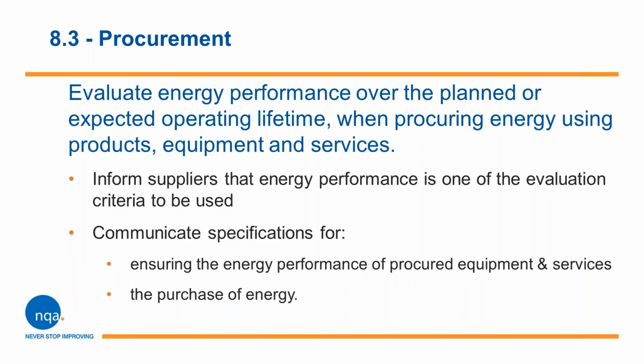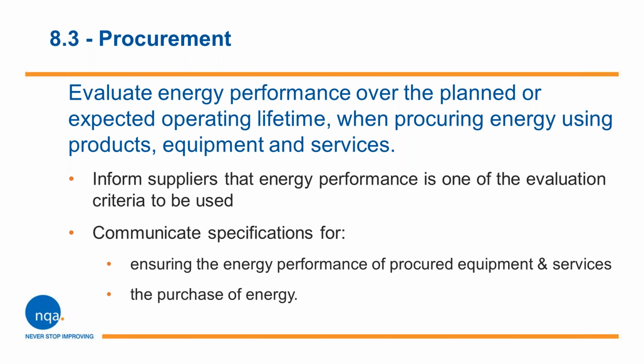It's really tied in with the next clause, which is procurement. The two quite often go hand in hand. So whatever equipment we're buying to maybe look at amending a process, improving a process, changing a process, whatever, we need to evaluate the performance over the planned or expected lifetime of that kit. And if you have a purchasing system in place for quality or even environment now, one of the considerations you need to take into account when you're buying anything is that you are evaluating the purchase partly on energy performance.